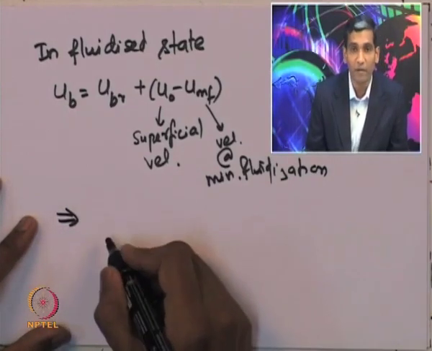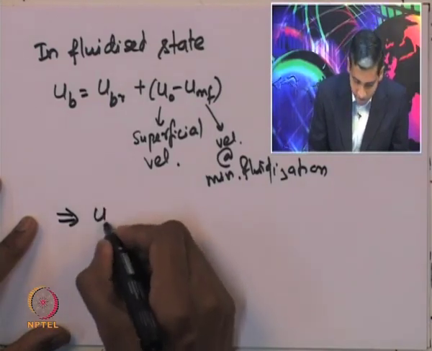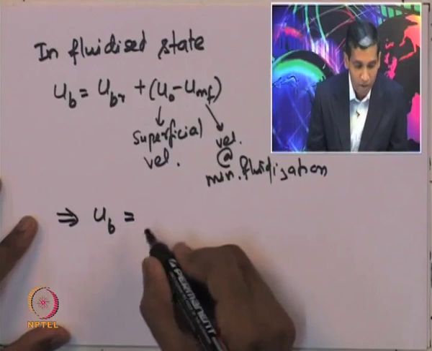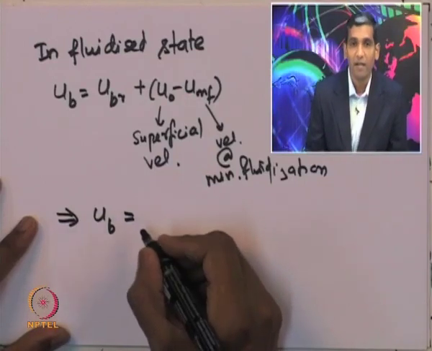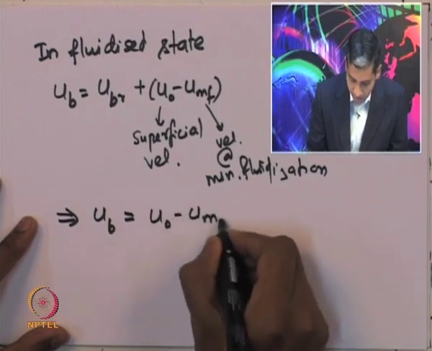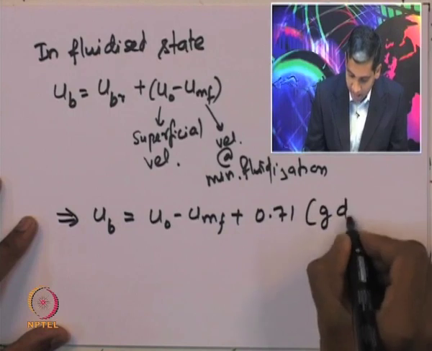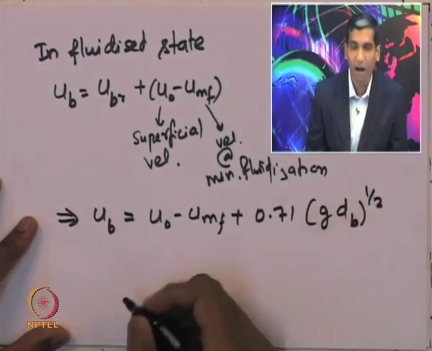Plugging in the correlation for the velocity of a single bubble, the velocity of the bubble in the fluidized state is given by u naught minus UMF plus 0.71 into gravity into diameter of the bubble, to the power of half.